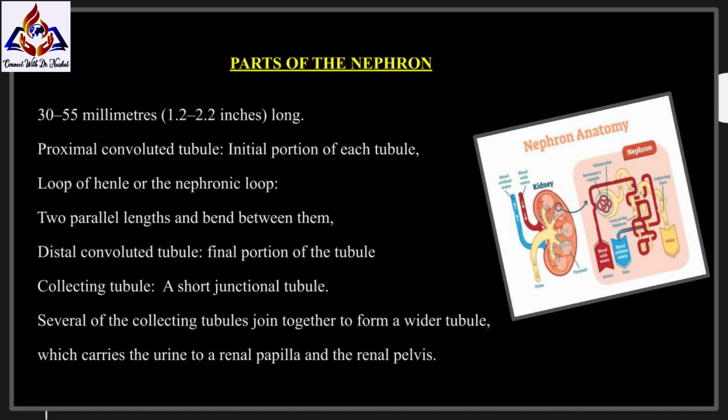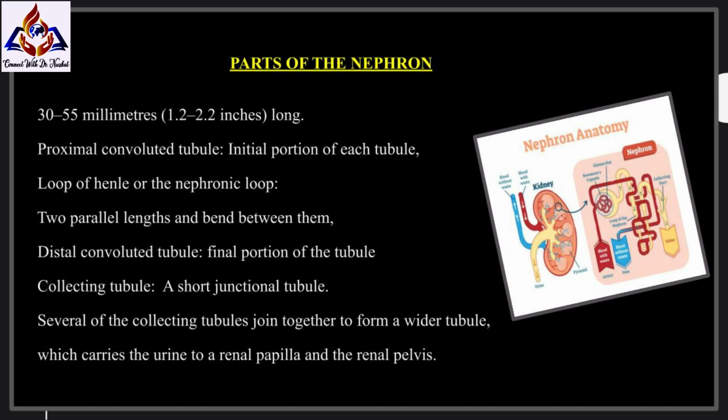Blood flows into and away from the glomerulus through small arteries or arterioles that enter and exit the glomerulus through the open end of the capsule. This opening is called the vascular pole of the corpuscle.